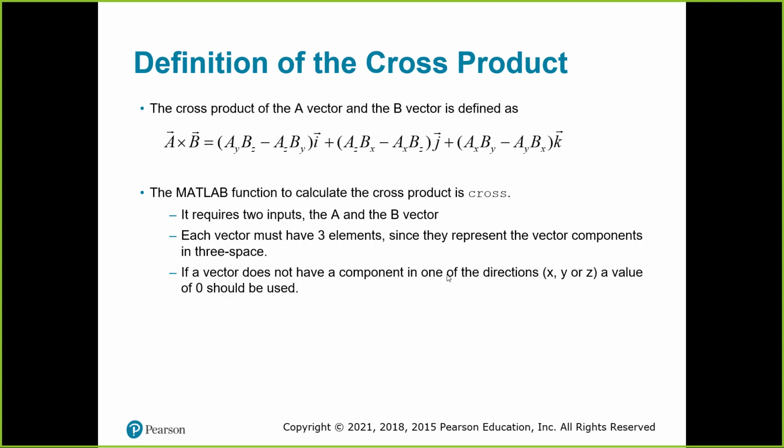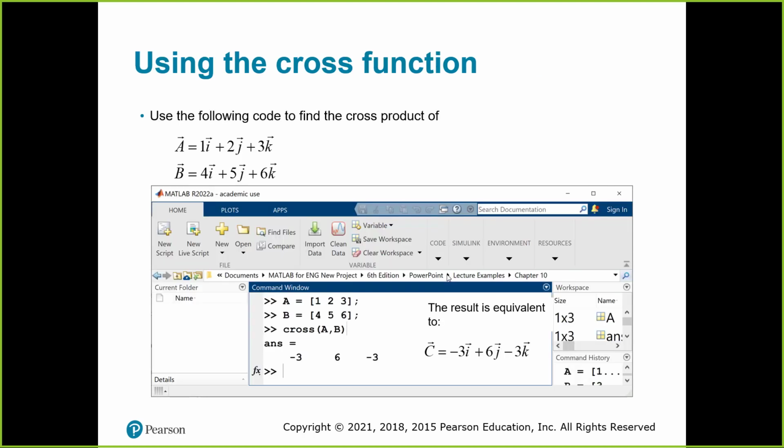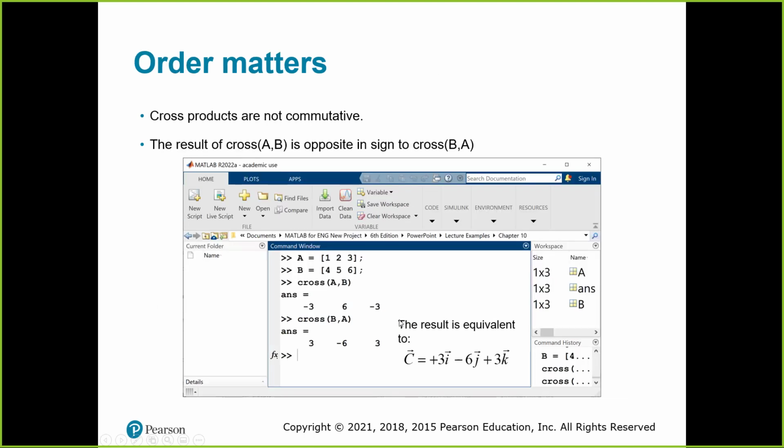Oh, sorry, a little leftover. So use the following code for cross product. This would be your XYZ, so A cross B, this is your resultant vector, which is -3 in the X, plus 6 in the Y, -3 in the Z. And just like other matrix mathematics, they are not commutative.